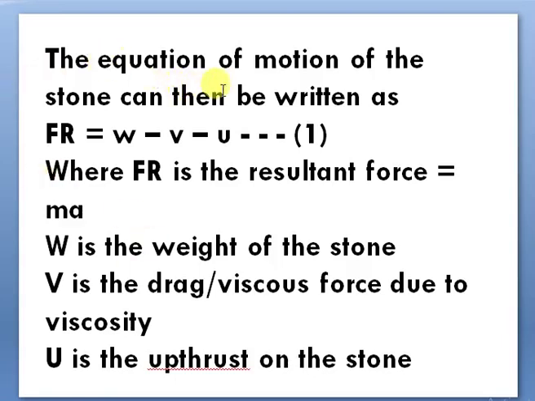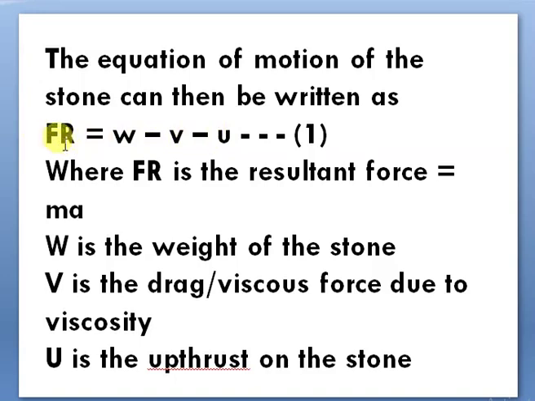Now let's look at the equation of motion of the stone that is falling freely in a viscous liquid. Please take note of this equation. You may be asked to state the equation of the motion of a sphere. It can be a ball bearing, it can be a stone that is falling freely in a viscous liquid, and that is the equation Fr, that is resultant force, equals W, which is the weight, minus V, the viscous drag, minus U. Please take note.